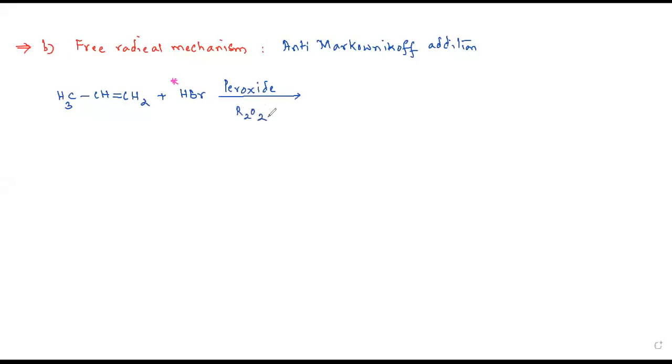Okay. In the presence of peroxide, you know the major product is N-propyl bromide. Exactly opposite to what you have seen earlier. So this is N-propyl bromide.